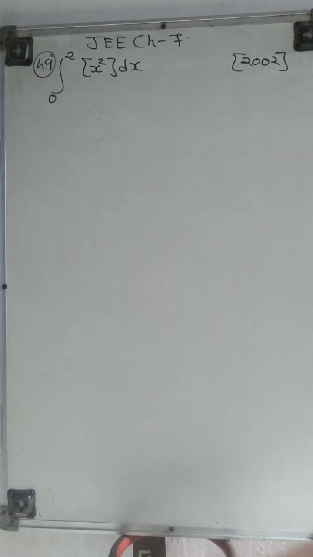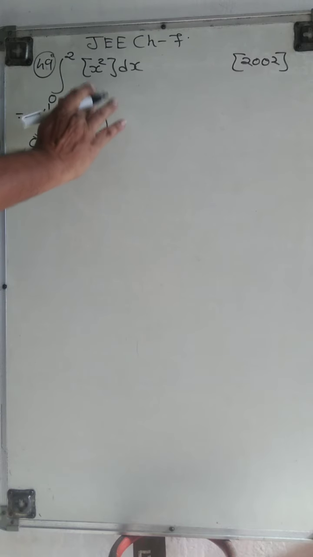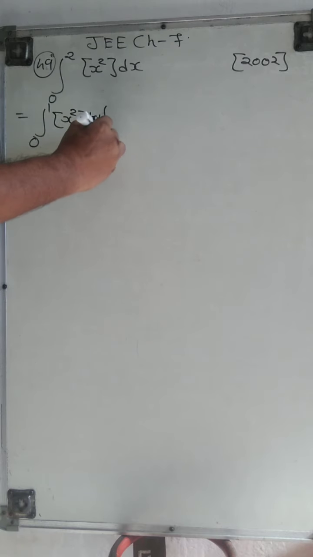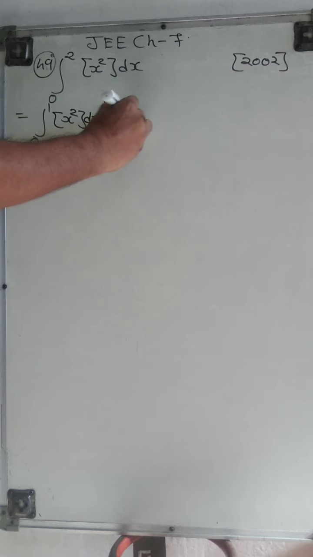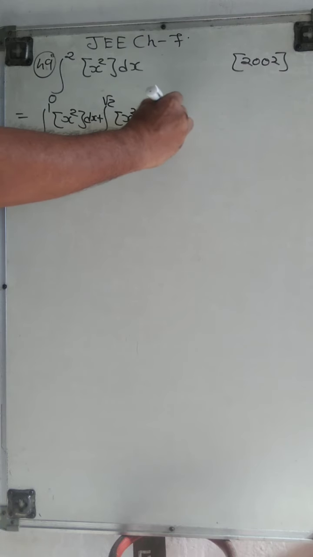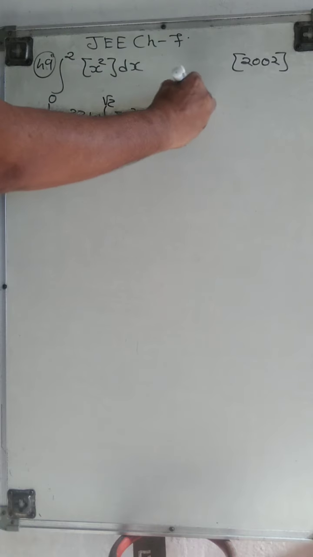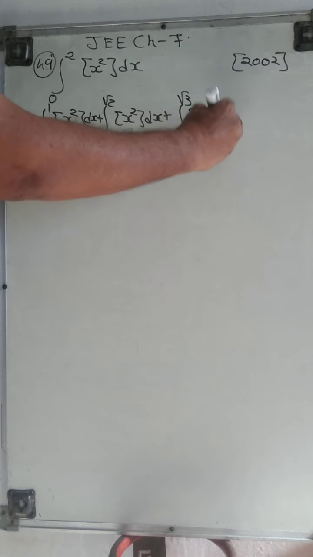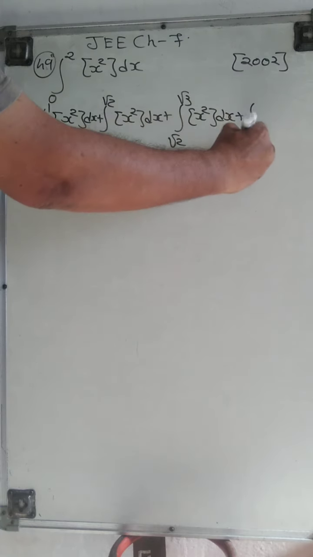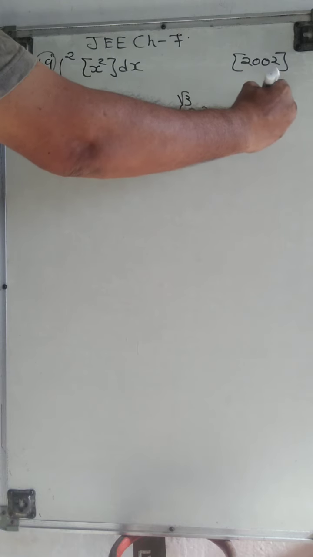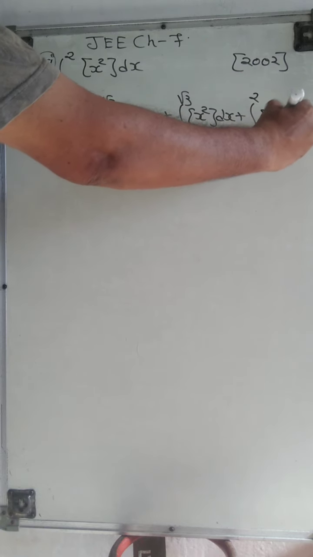So first of all, we break this box into parts where the values are integers: the integration of 0 to 1 of [x²] dx plus the integration of 1 to root 2 of [x²] dx plus the integration of root 2 to root 3 of [x²] dx plus the integration of root 3 to 2 of [x²] dx.